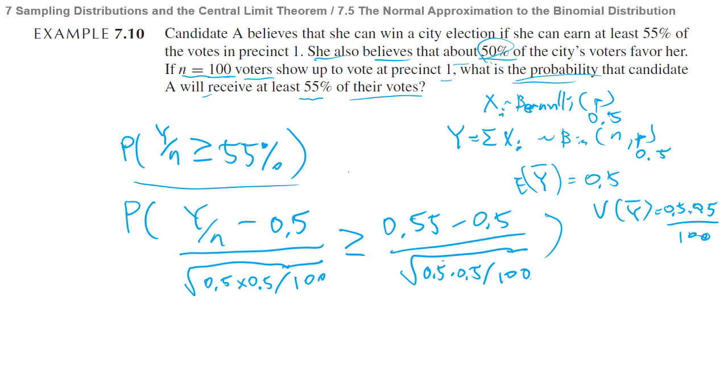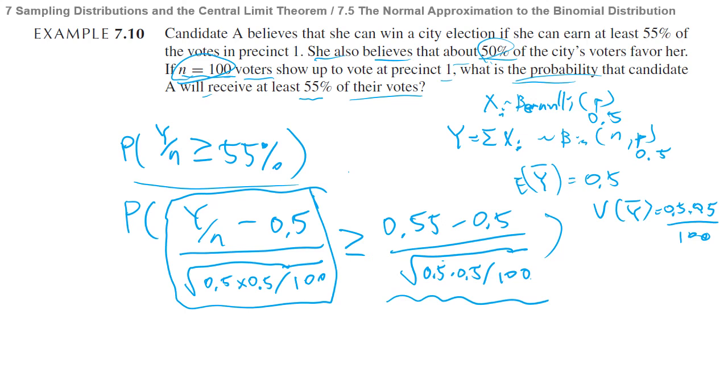So you can calculate this value, and as n goes large, this n equals 100 is large enough, so we can assume that this follows the standard normal. So you can calculate z as some value.